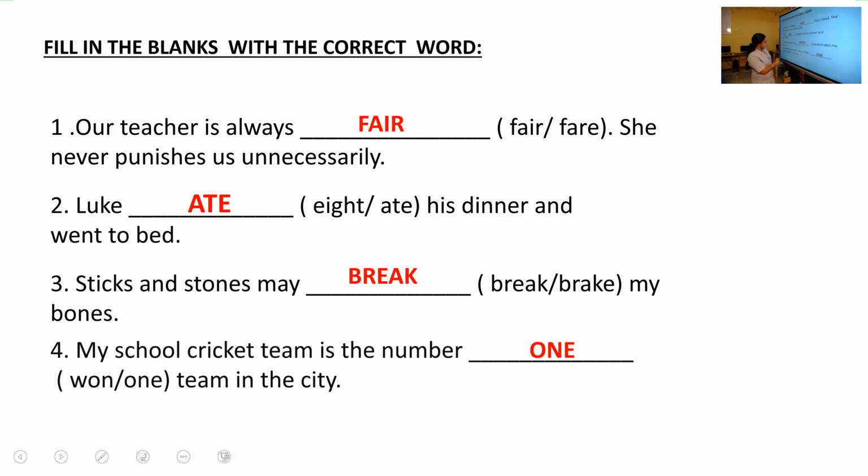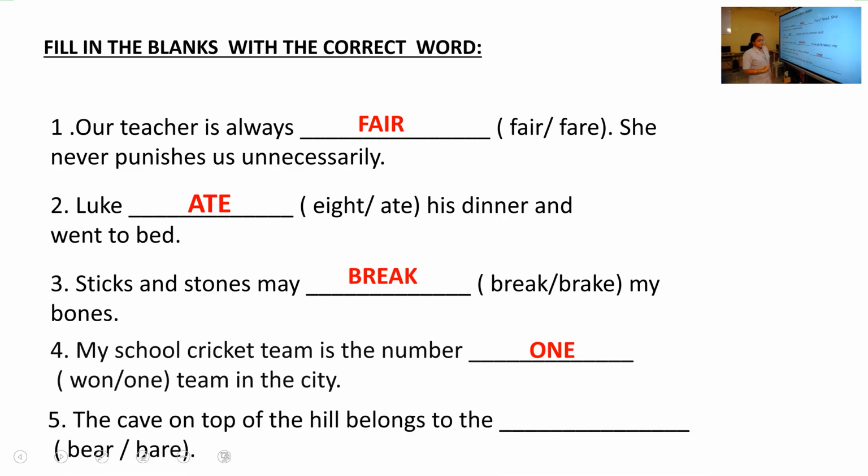Now we have come to the last question of the section. The cave on top of the hill belongs to the dash. In bracket, you have B-E-A-R, B-A-R-E. Here also, bear, bear. Both the spellings are different, the meanings are different, but remember, you pronounce it in the same way.